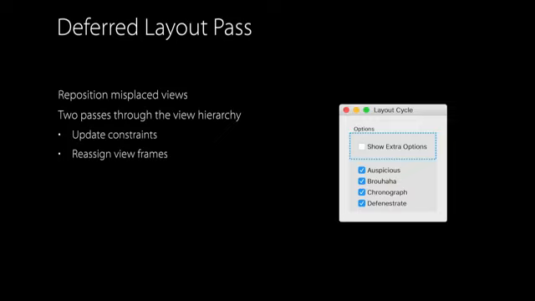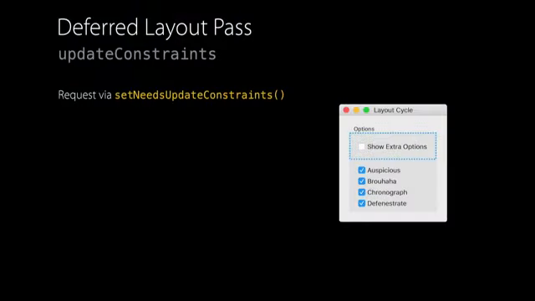So let's talk about update constraints. Views need to explicitly request that their update constraints method be called. This pretty much works the same way as setNeedsDisplay. You call setNeedsUpdateConstraints, and then sometime later, your updateConstraints method will be called. Really, all this is a way for views to have a chance to make changes to constraints just in time for the next layout pass.